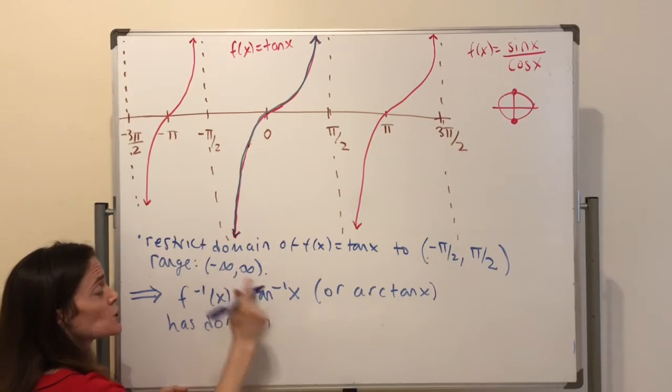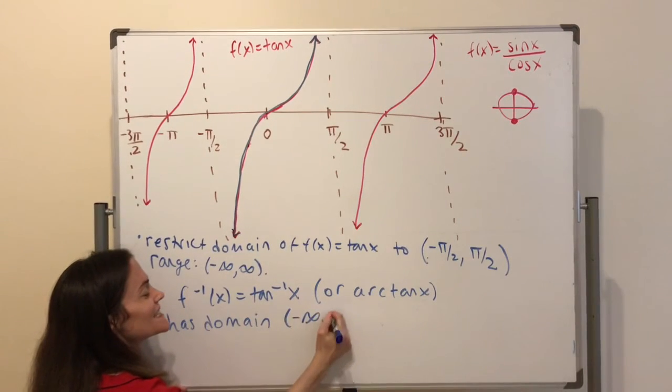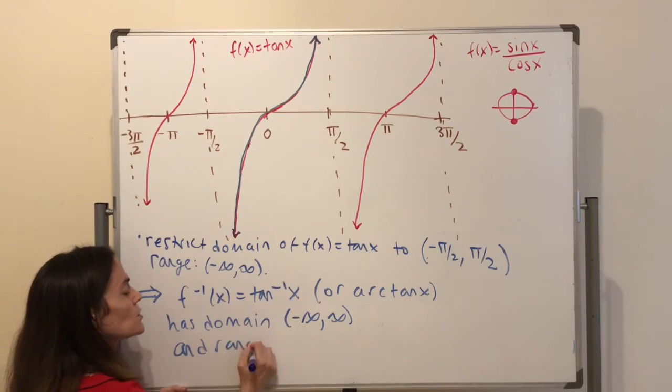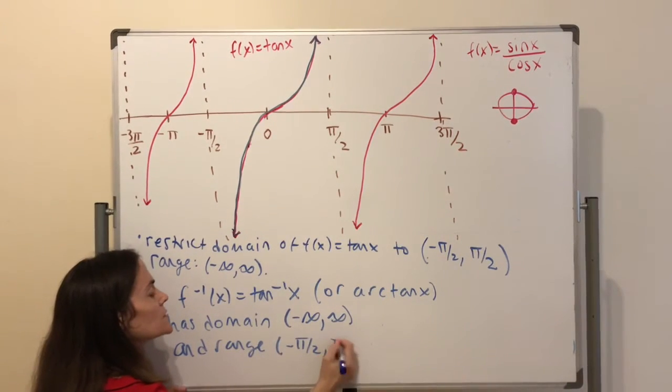So this is the domain of the inverse tangent. And range open minus pi over 2 to pi over 2.